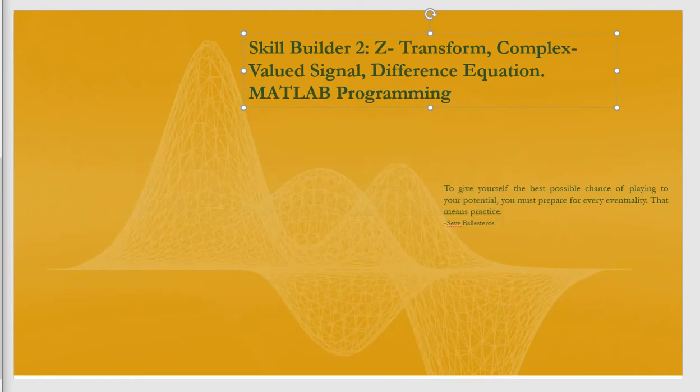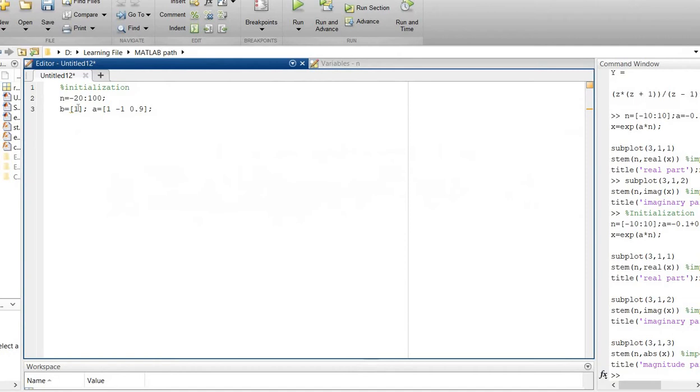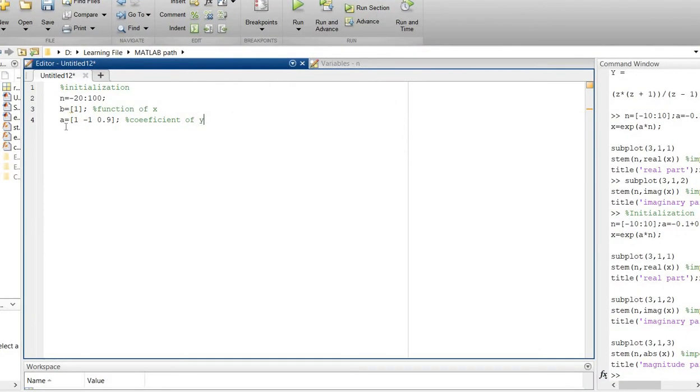Okay. So to further understand this one, let's look at the problem. As you can see, the b symbolizes the x, this one. So this is for the function of x, and a is the coefficient of y. So as you can see here, 1, -1, and positive 0.9.